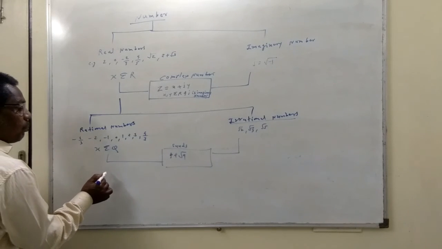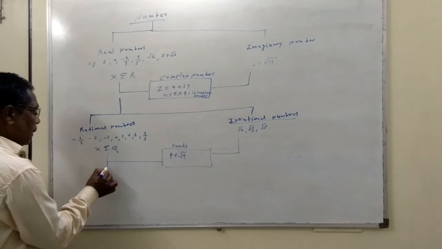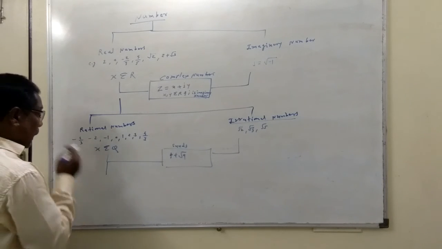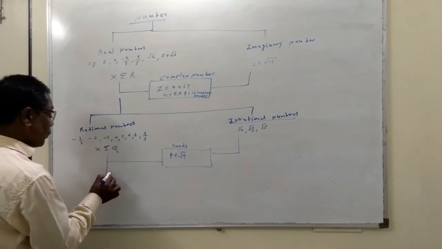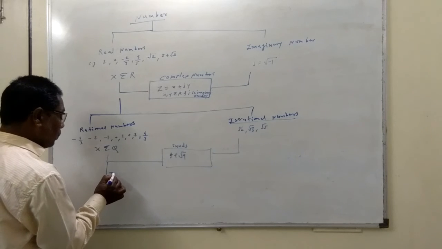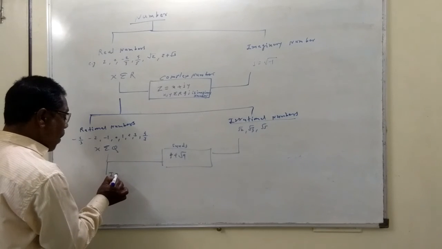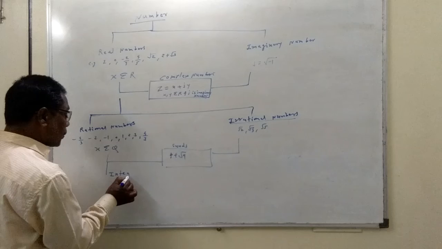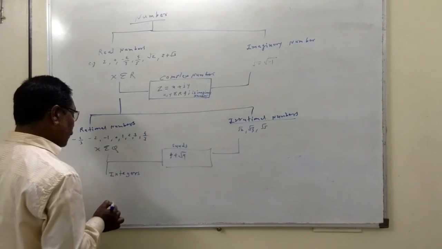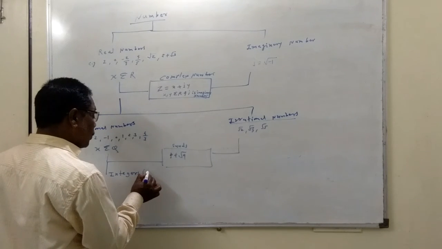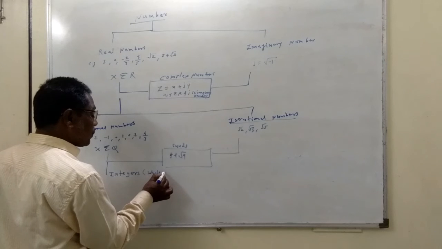Now these rational numbers are further classified into different types. One is integers or whole numbers.